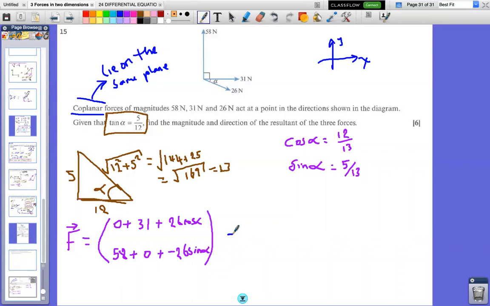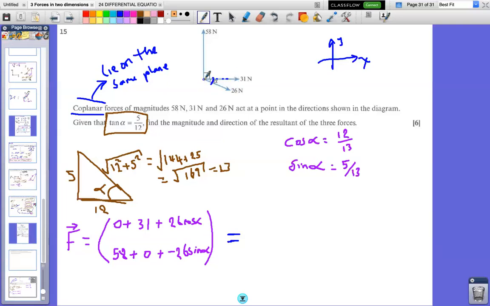Do you understand how we get this? Yes. You break all forces into x and y components, and then you sum all the x components and sum all the y components. The component of any force in the direction of the angle alpha will be that force times cos alpha.